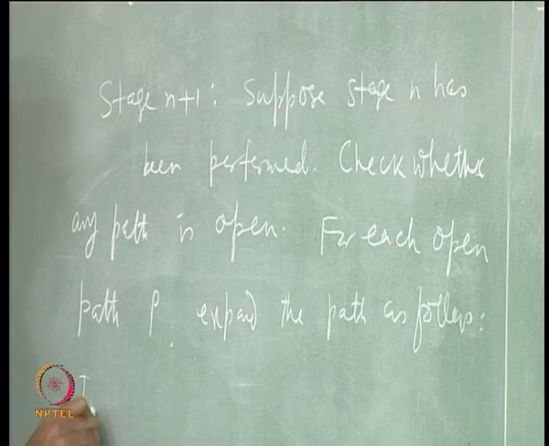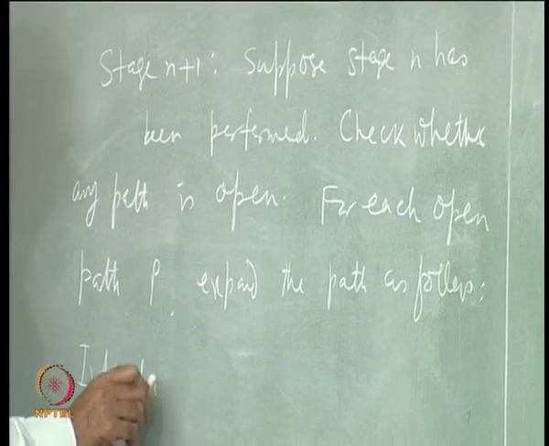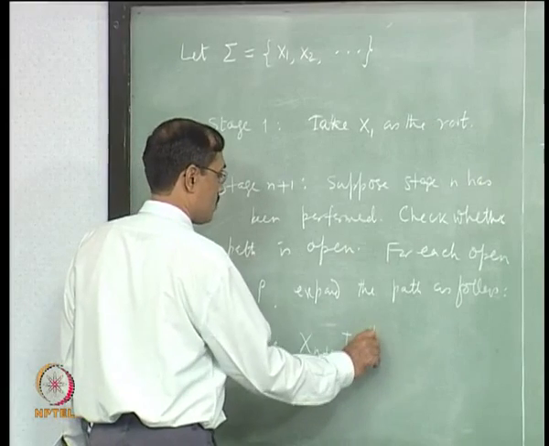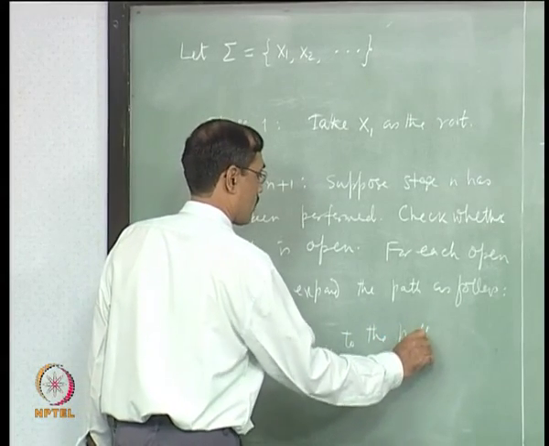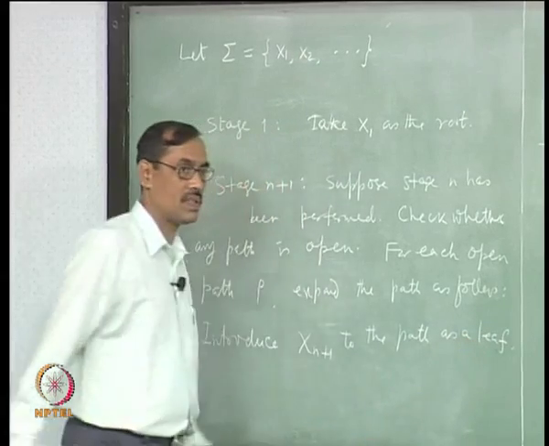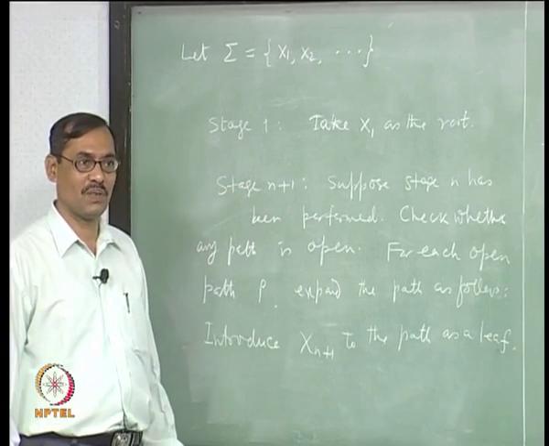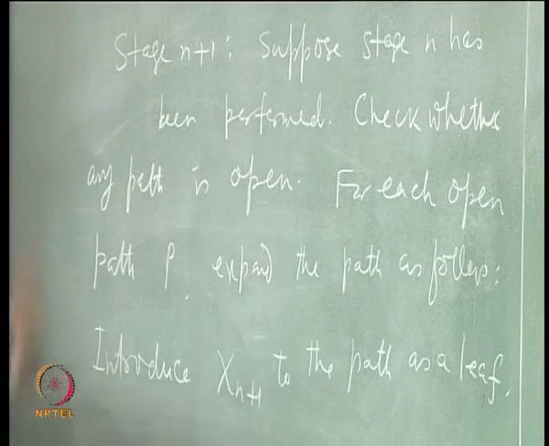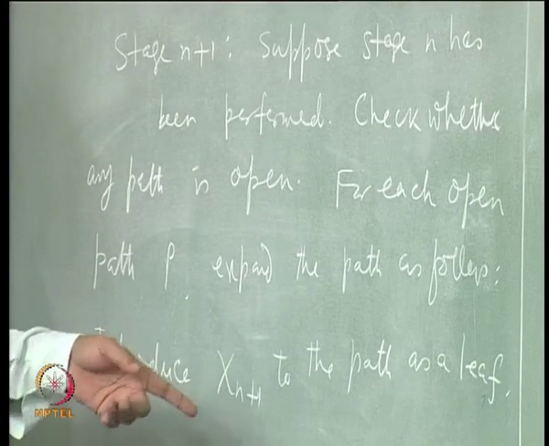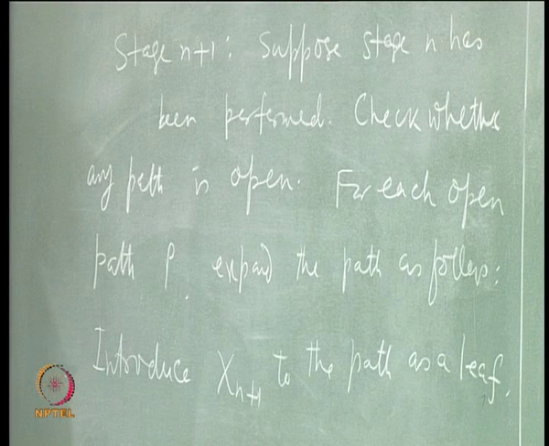So, introduce, or just add, x n plus 1 to the path as a leaf, of course, right. Your introduction will be on the leaf level always, not from the root, that is what we are following. So, introduce at the leaf itself; x n plus 1 becomes the new leaf now, a child to the earlier leaf, whatever leaf was there on the row, fine.